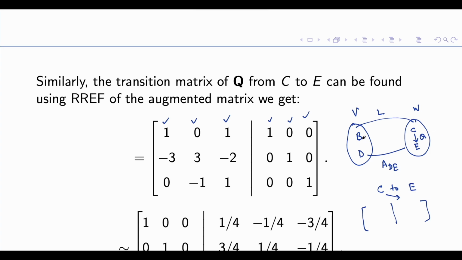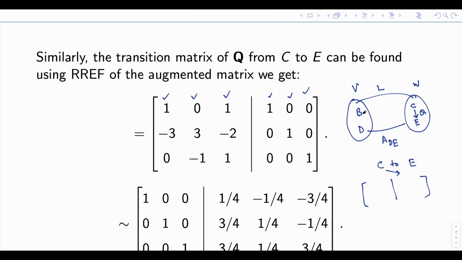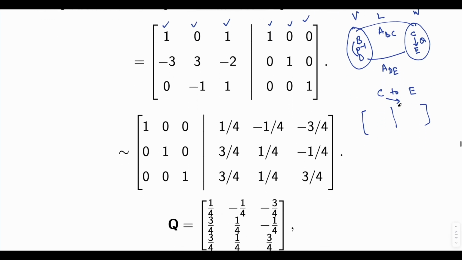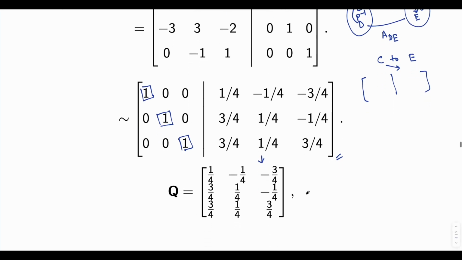Because C and B are the standard bases given to you. And we have already seen P inverse, and we have already calculated A, B, C with respect to the standard basis. Now if you apply RREF, you can refer to my second video on how to find the RREF. Then we obtain the RREF, and we got this matrix. So we can pull out this matrix as Q.